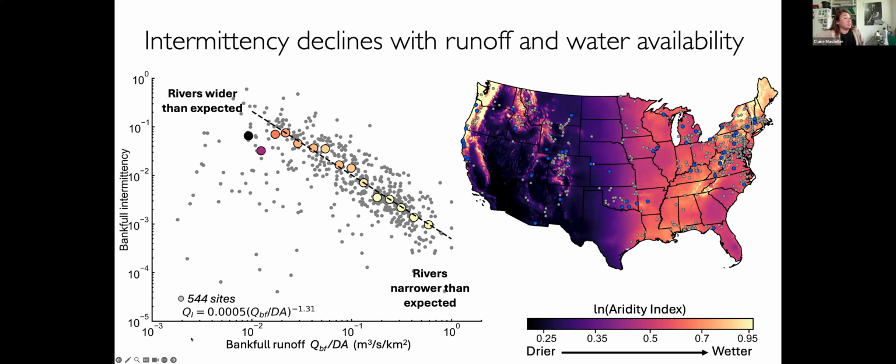And you can see that as our bankfull runoff increases, our bankfull intermittency decreases. We've also calculated the aridity index for all of our points and then binned our data by that aridity index. And we can see that we're going from drier to wetter overall with that decrease in bankfull intermittency and that increase in bankfull runoff.